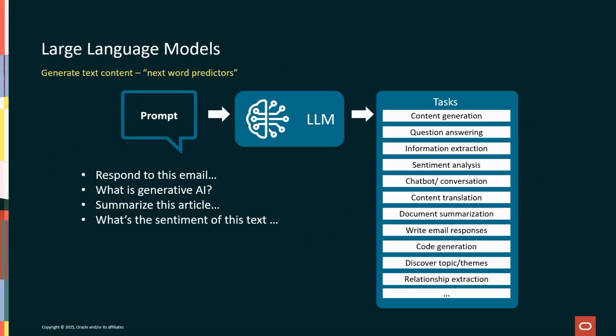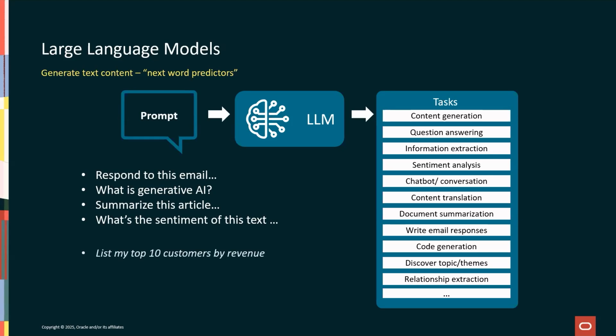The key enabler for Select AI is the large language models. I think you might have already been using these LLMs, or you might have heard about them. We all know that they are good for generating text content for tasks like answering questions, extracting information, generating code, or providing sentiment analysis.